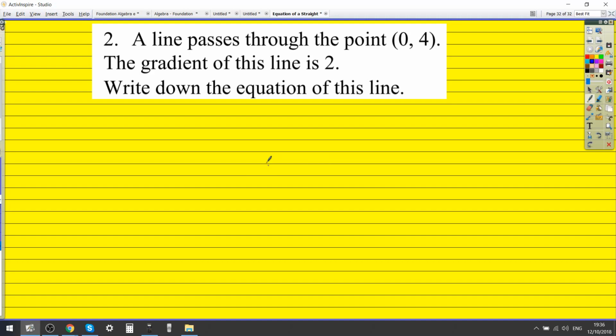So is the equation y equals 2x plus 4? Yep.